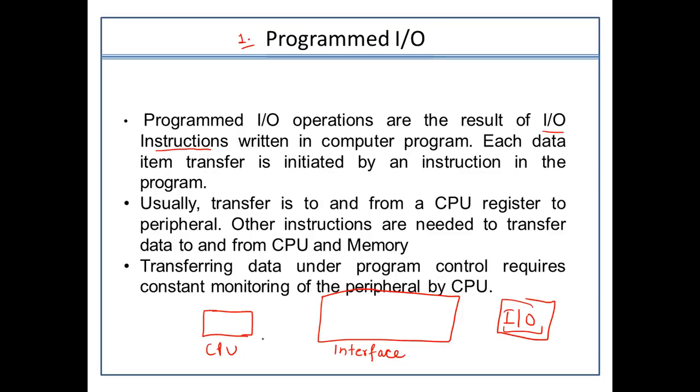The data will be transferred in the asynchronous manner, meaning we will be getting the acknowledgement signal, and a data valid signal is also being generated. The CPU will continuously monitor this interface for getting the input from these IO devices. This is the basic point.